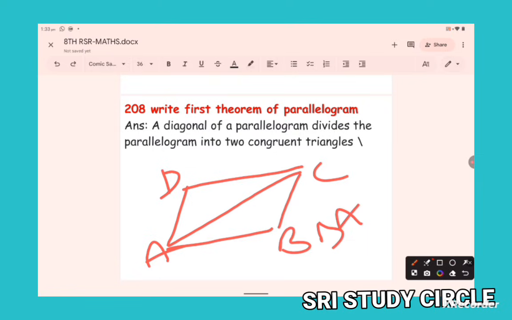So triangle ABC is congruent to triangle ACD. That means it divides into two equal triangles, of equal area.